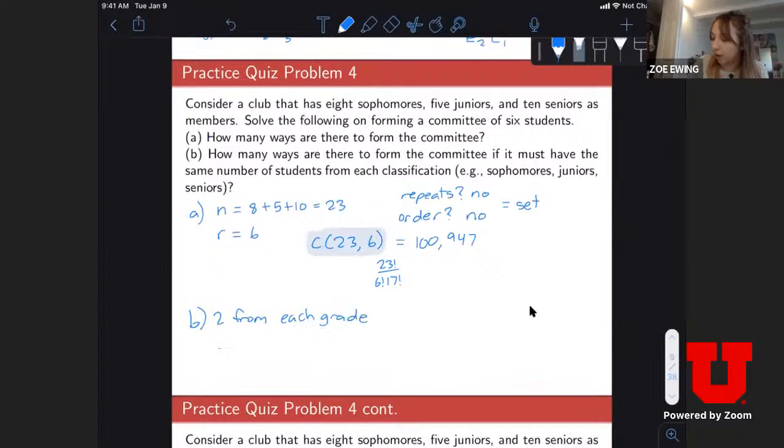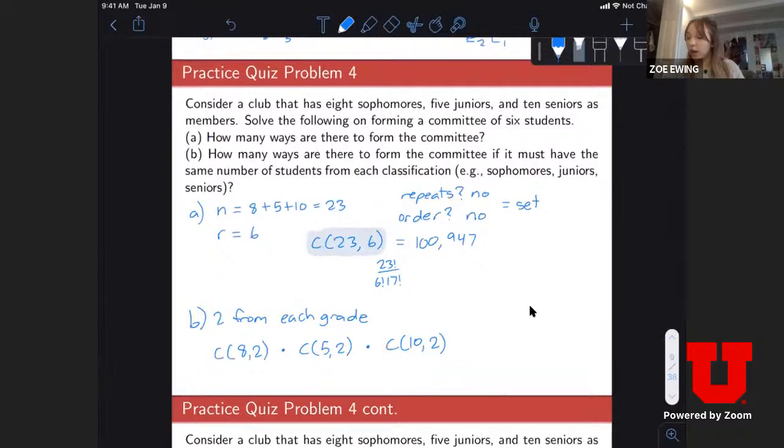So we want to pick 2 out of our sophomores, 2 out of our juniors, and 2 out of our seniors. Do we use the rule of product or the rule of sum? Product, because these are all the same case.